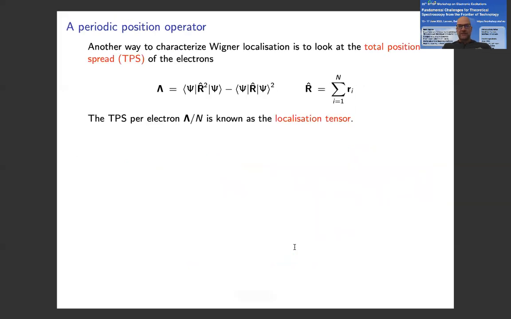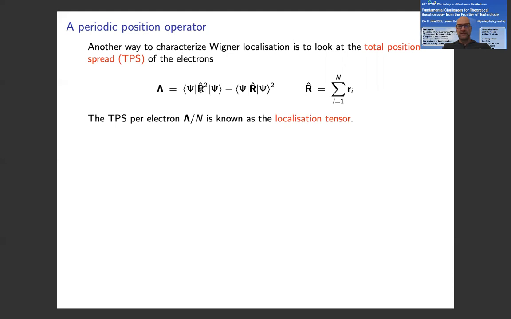Finally, I wanted to discuss a related problem, which is the definition of a periodic position operator. This is related to the fact that we have also been looking at another way to characterize the Wigner localization. One way was the 2-body reduced density matrix, but you can also look at the total position spread tensor of the electrons, defined here by this expression.